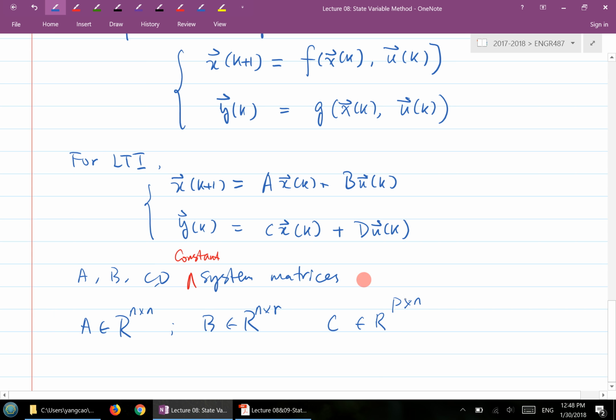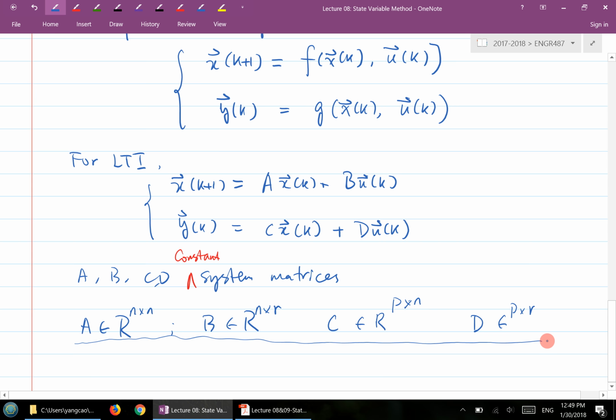So p by n times n by 1 gives a p by 1, which is the same as y of k, the output. And D is typically called the feed-forward matrix, and often in our case D will actually be just 0. But for general description we keep D here. D will be p by r.